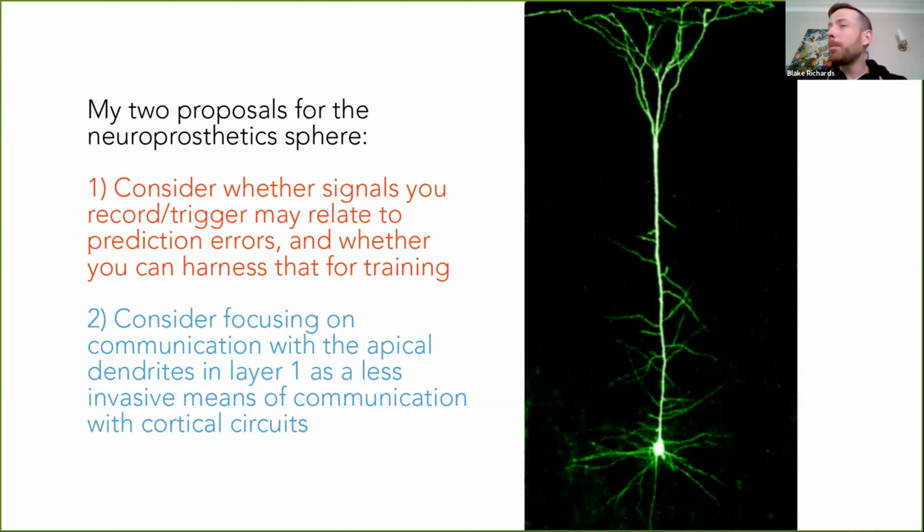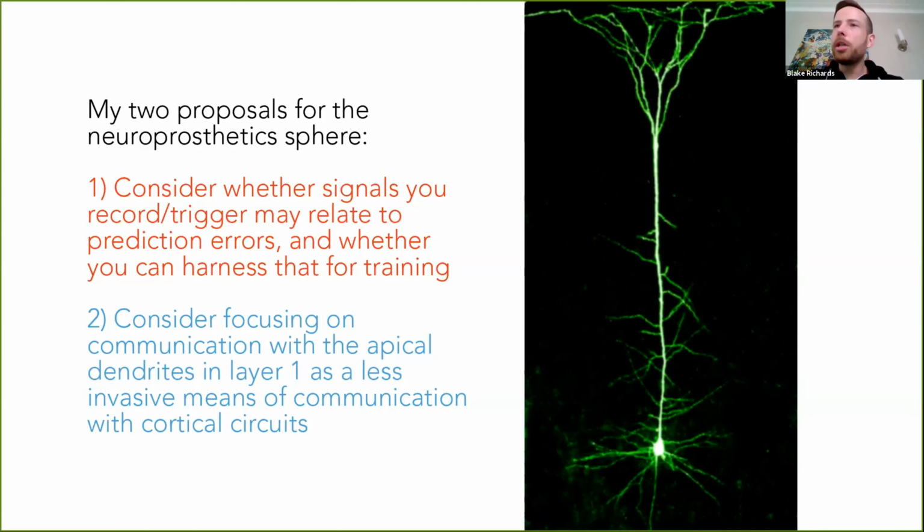The other reason, though, that might be a good strategy to take is because there is some evidence, growing evidence, from the McGill lab, from the Bruno lab, and also from computational work from myself and Walter Senn, and Richard Naud, to suggest that the apical dendrites may be a critical site for driving learning in circuits.